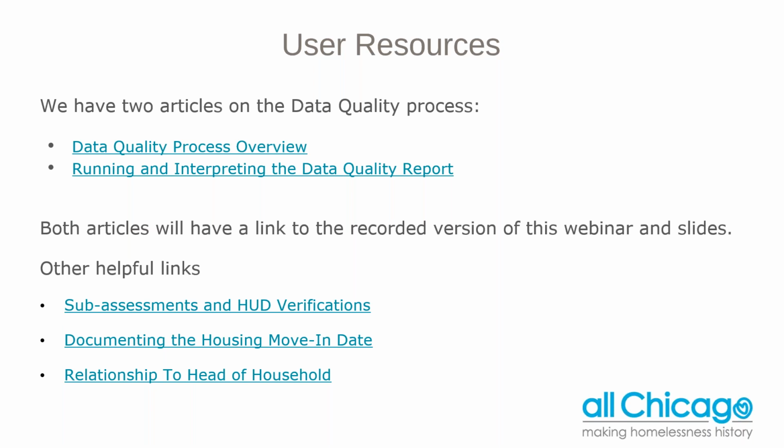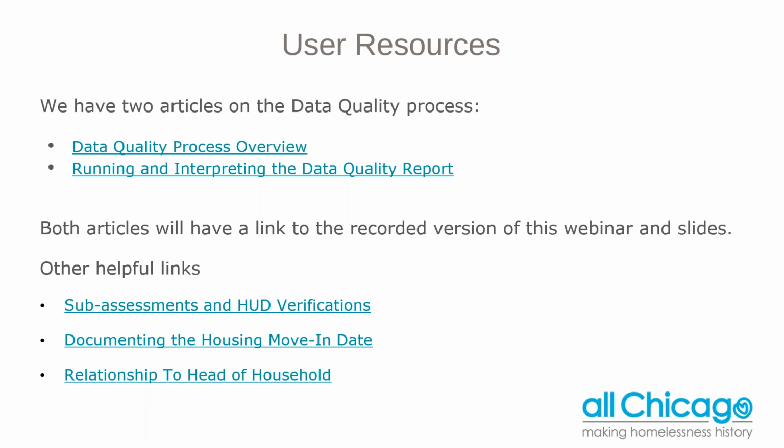The running and interpreting the data quality report article is a little more detailed in terms of how to interpret the report and also how to run it and schedule it. It also provides how to submit it and set the file names up. So I would refer to both of these articles, and they should be helpful with completing this.